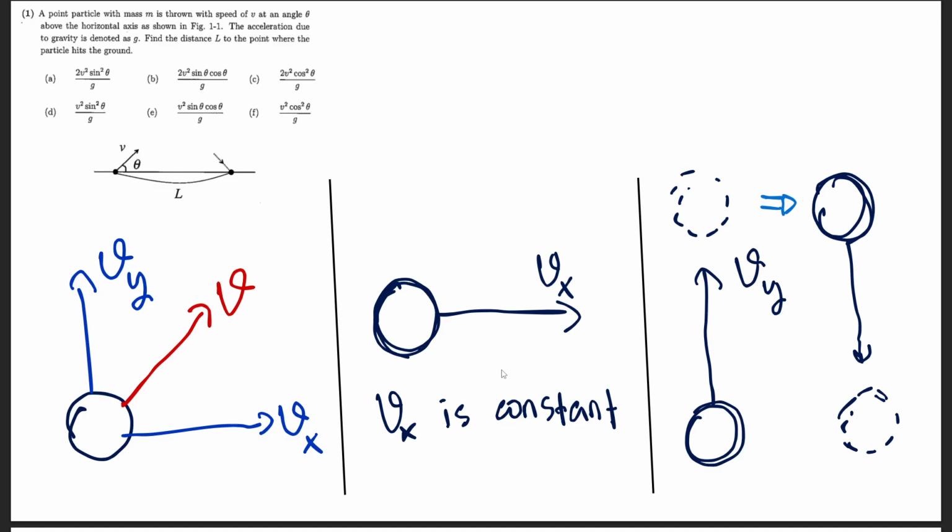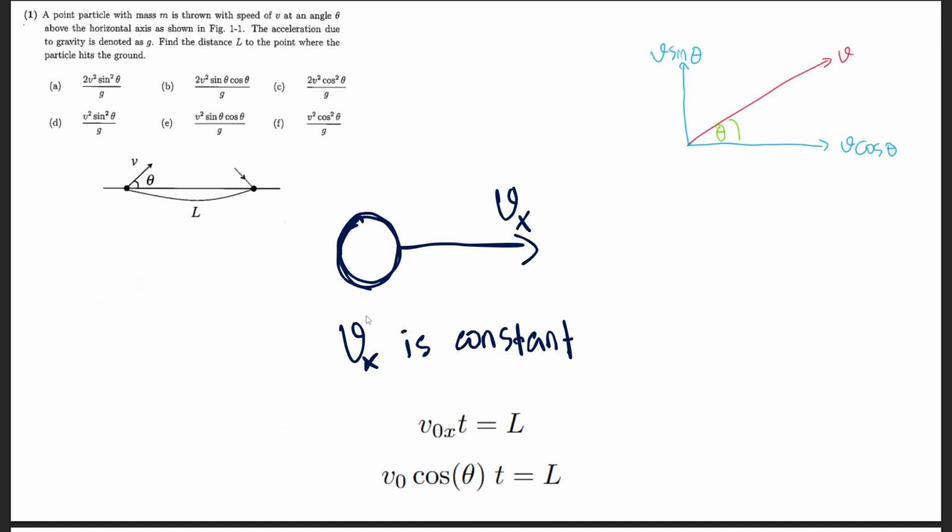It's just like throwing the ball up and then it comes down. So you can see the vertical component as the same as throwing the ball upwards and then it comes down. So let's analyze the horizontal component first.